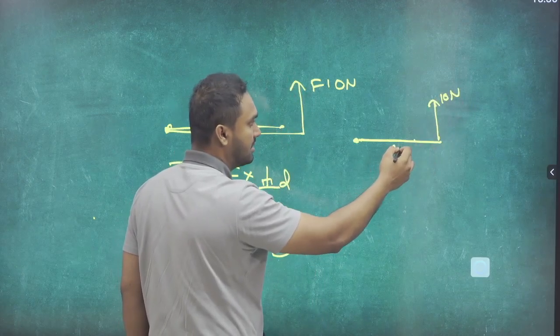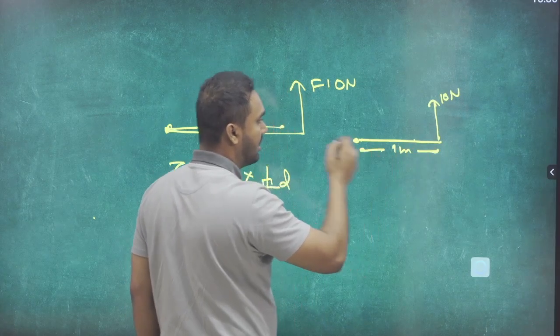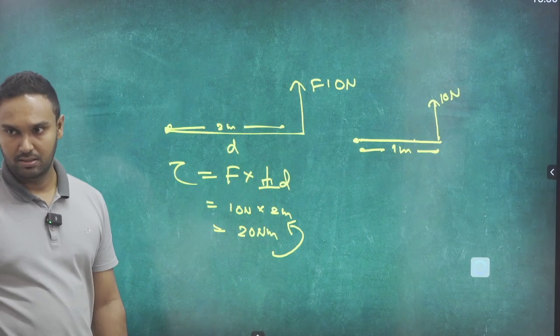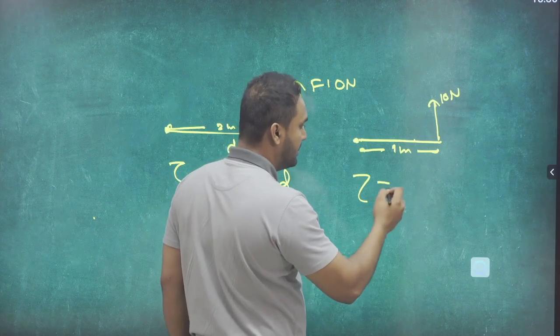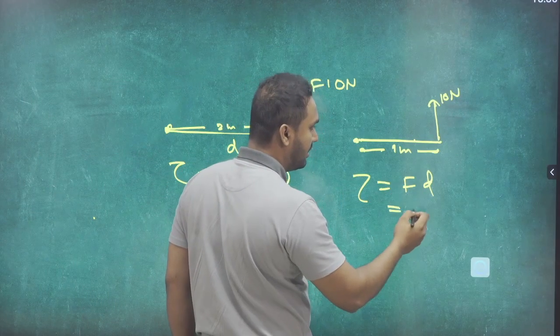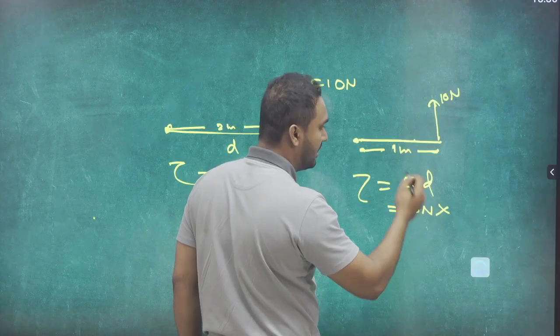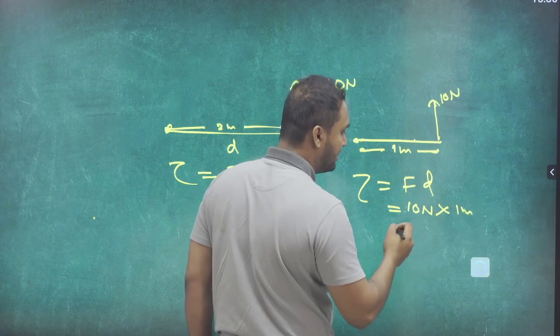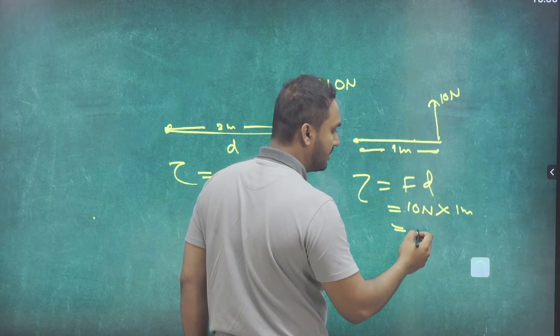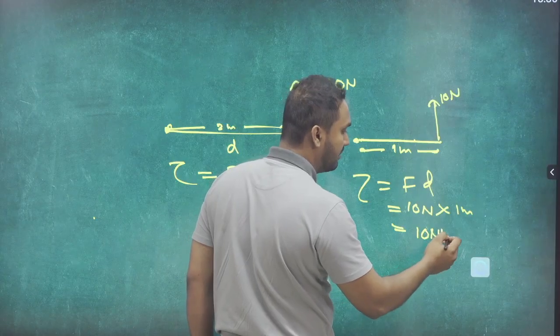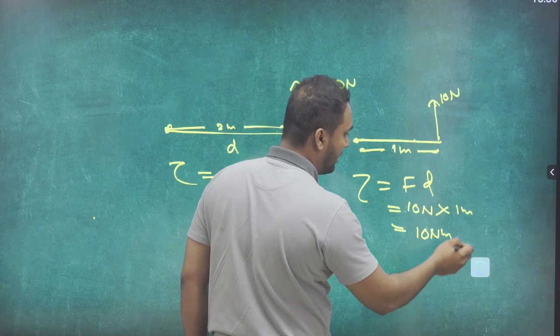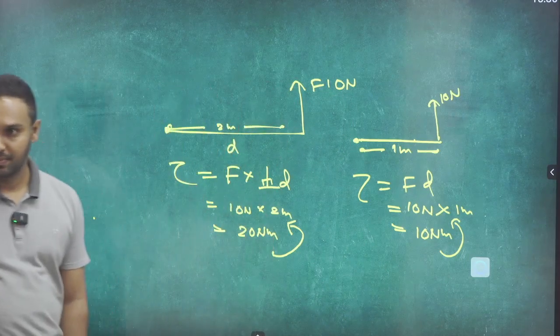Now the distance is 1 meter, that is half the d, right? So the torque now is F into d, which is 10 newtons. Now the length is decreased to 1 meter. Now what is the torque? 10 Newton meters, right? And acting towards the same direction, right?